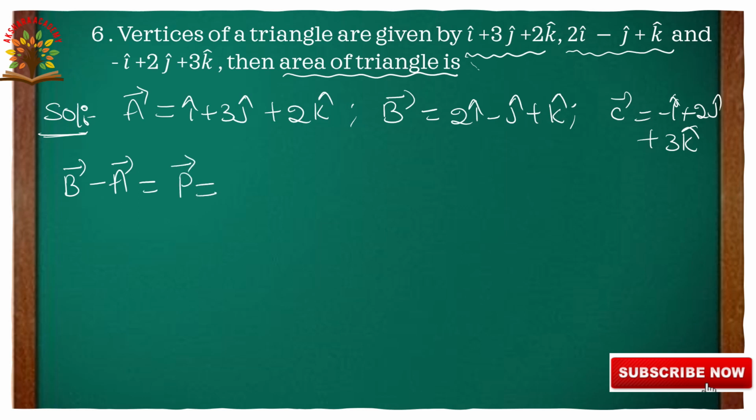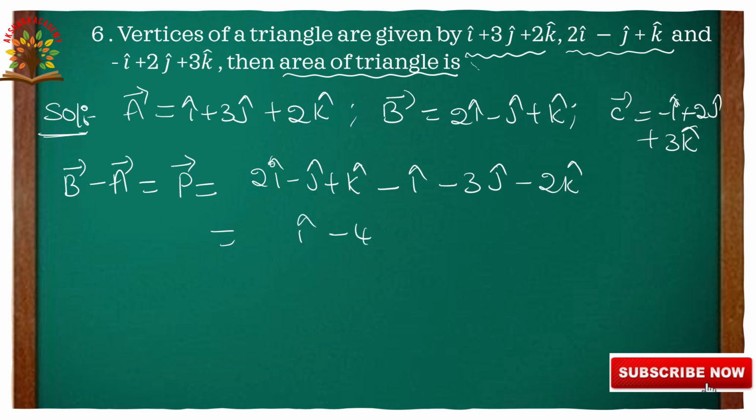Let us assume that B bar minus A bar is equal to P bar. So 2i cap minus j cap plus k cap minus i cap minus 3j cap minus 2k cap. 2 minus 1, 1, so i cap. Minus 1 minus 3, minus 4j cap. Plus 1 minus 2, minus k cap.